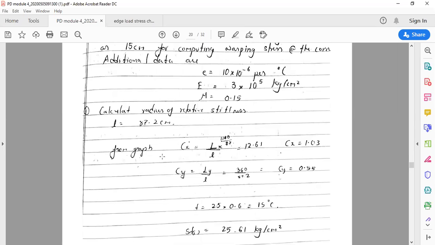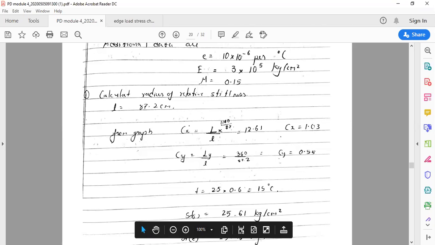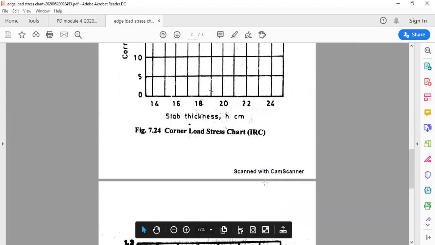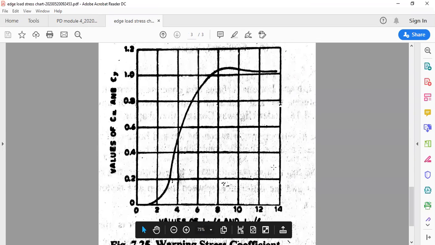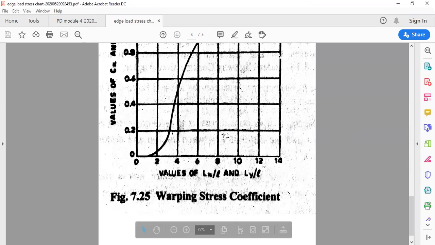Now the next important part in calculating warping stress is finding the values of Cx and Cy. To find Cx and Cy, we need to refer to a chart. This is a chart to find the values of Cx and Cy, which are nothing but warping stress coefficients.